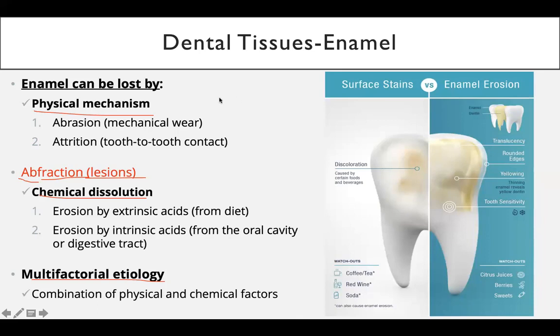Some children have a habit where they grind the teeth against each other. So they cause mechanical wear. And then there is attrition, tooth to tooth contact, by grinding the teeth together. Children usually do this. And then we have chemical dissolution from acid, extrinsic acid from the diet and directly from the oral cavity.